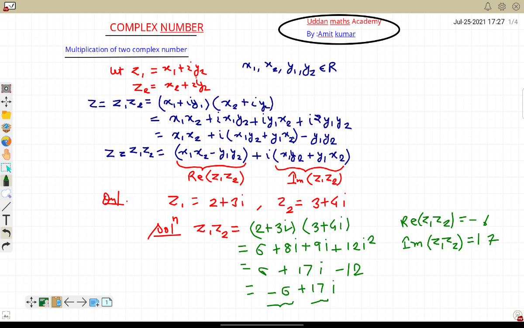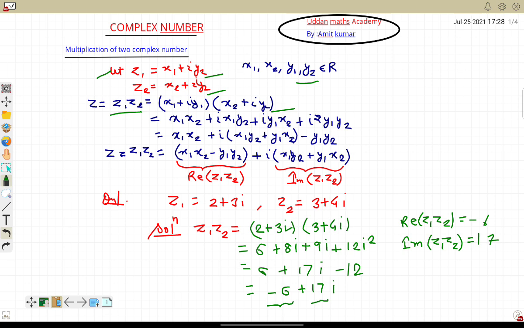Let two complex numbers be z1 is x1 plus iota y1 and z2 is x2 plus iota y2. We need to multiply these two complex numbers, and here x1, x2, y1, y2 are all real numbers. Consider z as the product of z1 and z2. If we multiply z1 and z2, we get x1 plus iota y1 into x2 plus iota y2.